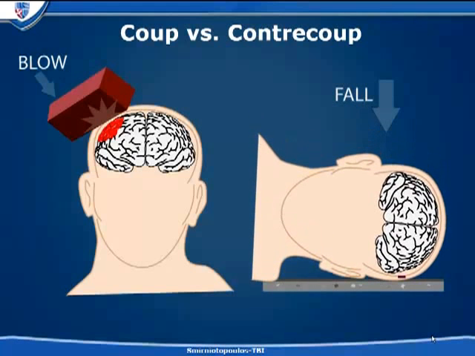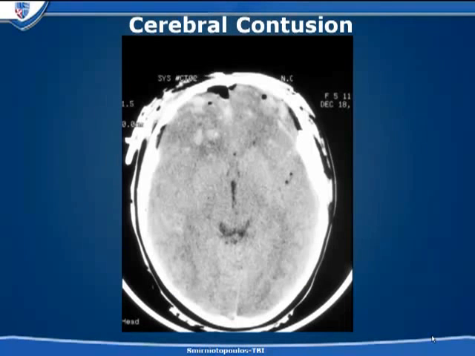It's a little bit more difficult to understand the physics responsible for producing the contra-coup contusion. Contra-coup contusions are classically associated with the moving head striking a non-moving object, such as the floor or the wall, which typically would have a large diameter or an infinite diameter in the sense of being a flat surface.